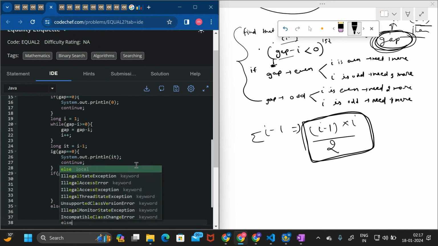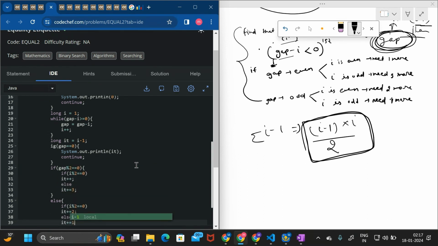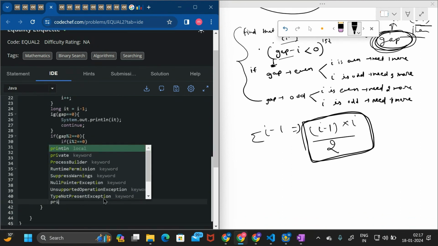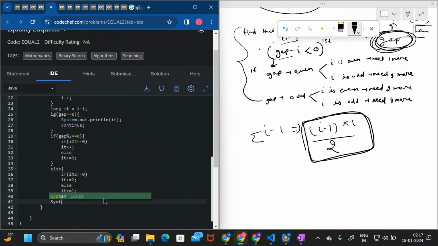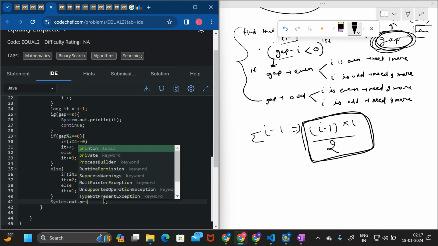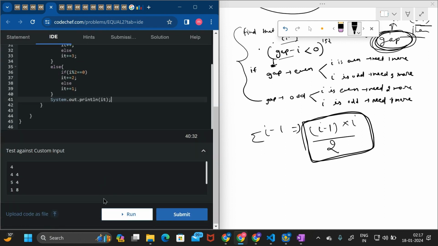Else, we need 1 more. Okay, and we can simply print our iteration. System dot out dot println iteration. So let's run this code.